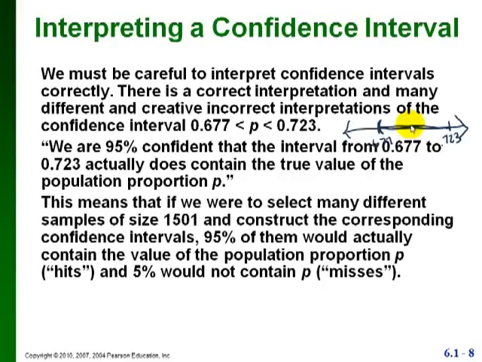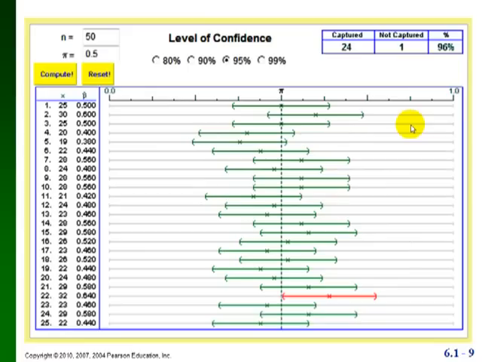Now the way I like to think about this is that if we selected a whole bunch of different samples, so if we had the money and the time to go out and select as many different samples as we could of the same size, and if we made a confidence interval from each one, then the 95% confidence means that 95% of those intervals would actually contain our true population proportion. I like to call those hits, and then the other 5% would not contain the true population proportion. So those ones would be misses. That's the general idea of this.